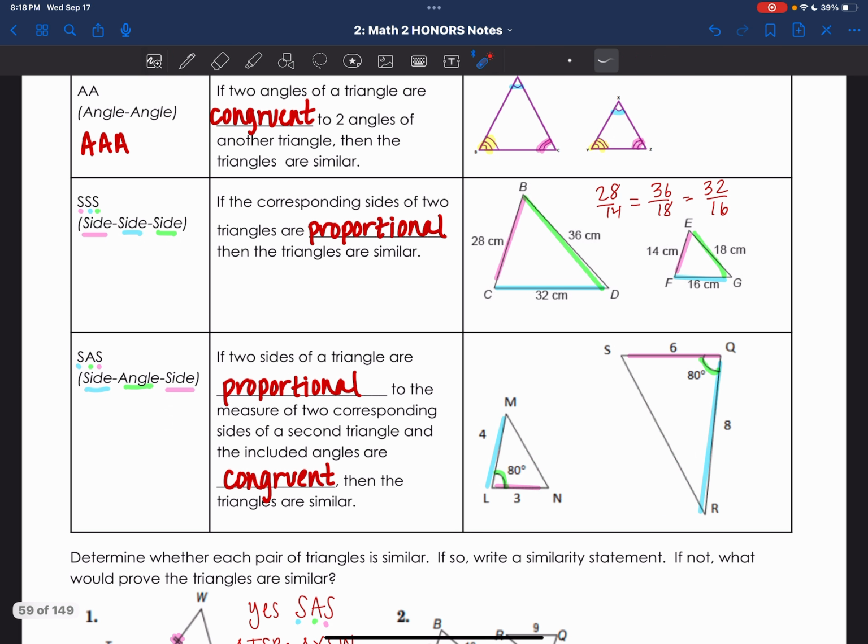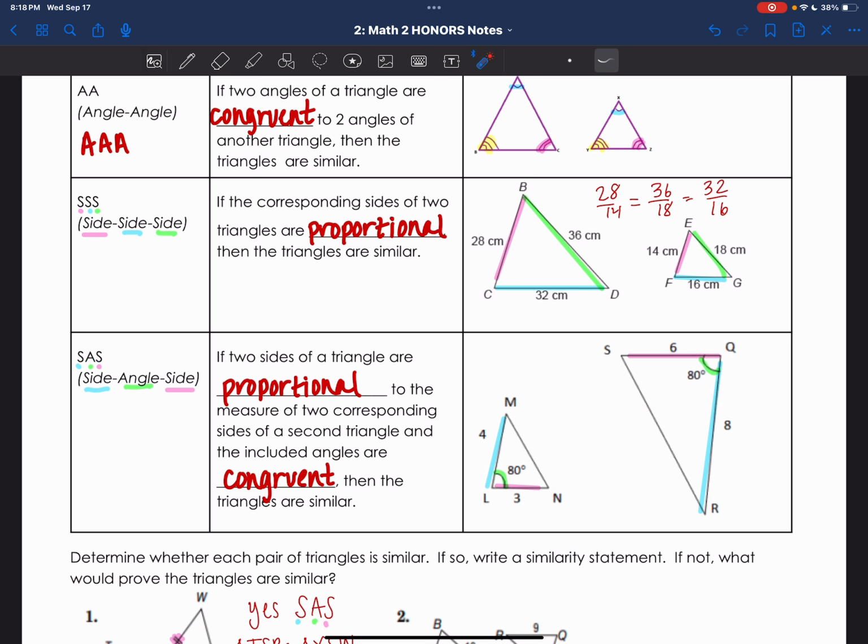All right, the next way is side, angle, side. Again, this is one of the other ones to prove a triangle congruent, but instead of all the sides needing to be equal with congruent, in this case, two sides just need to be proportional as long as the angle is congruent. So if you notice, 4 and 8 are proportional, and then 3 and 6.